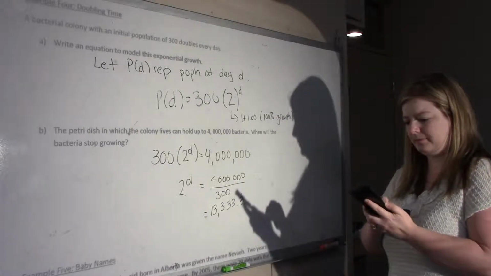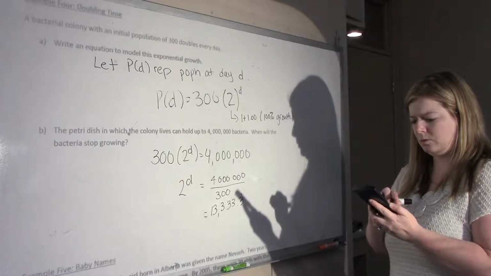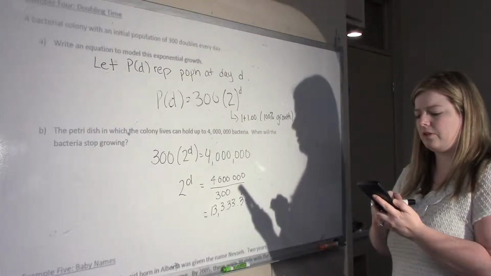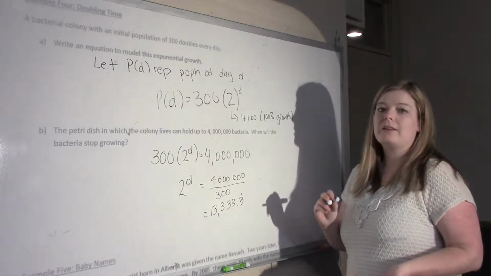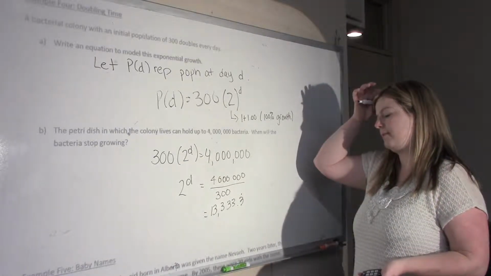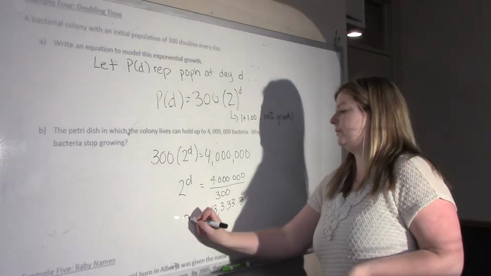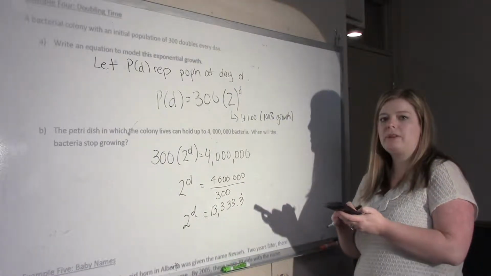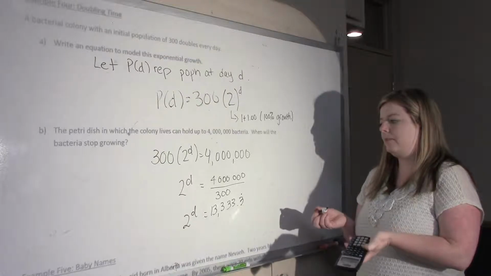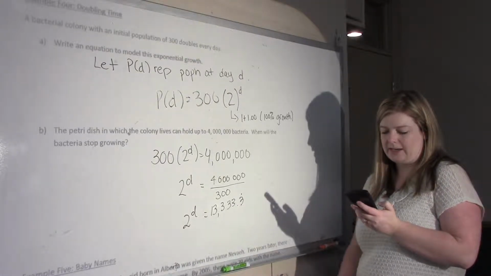Now we have to do our estimation thing on the calculator. So 2 to the power D. What do you think you want to start with? 2 to the power what? How many times do you have to double to get to 13,000? It's not as much as you might think.